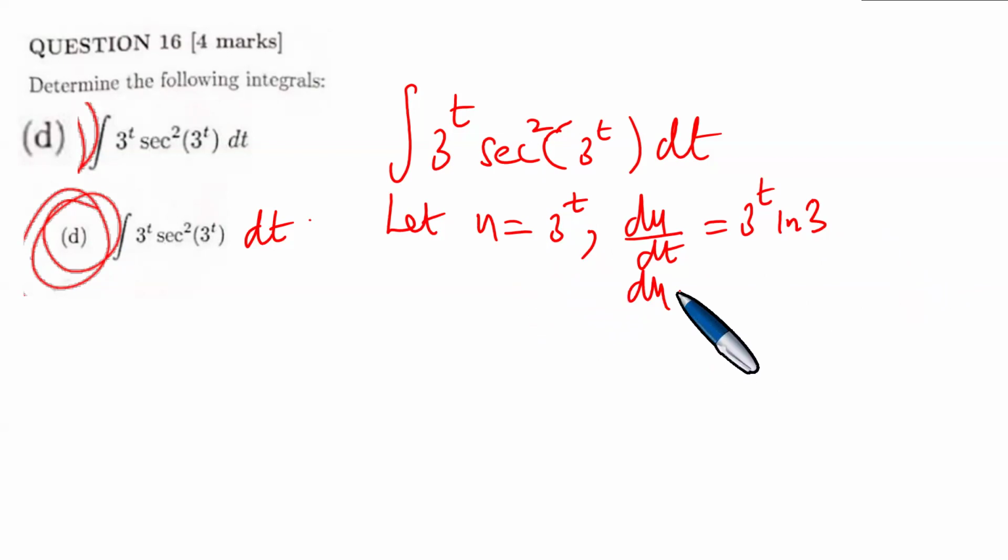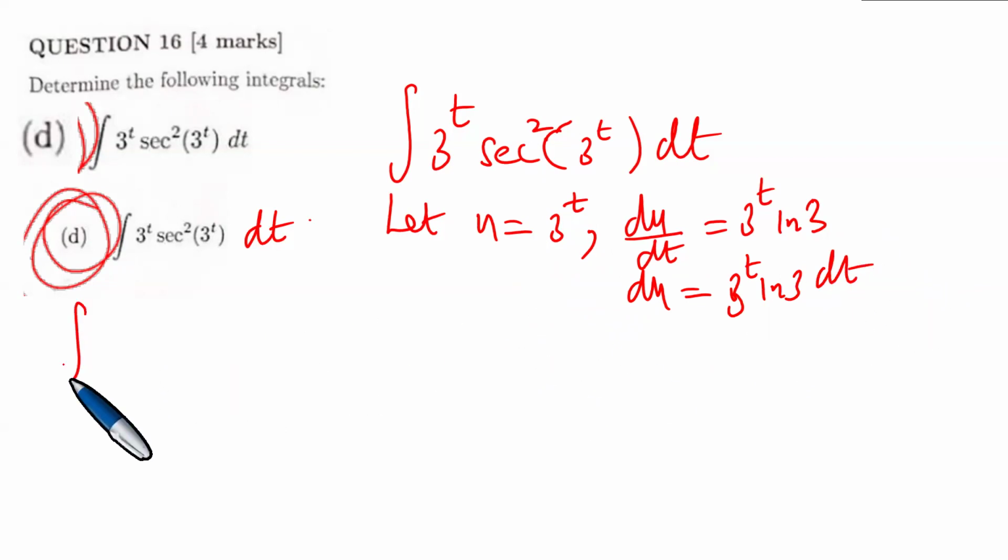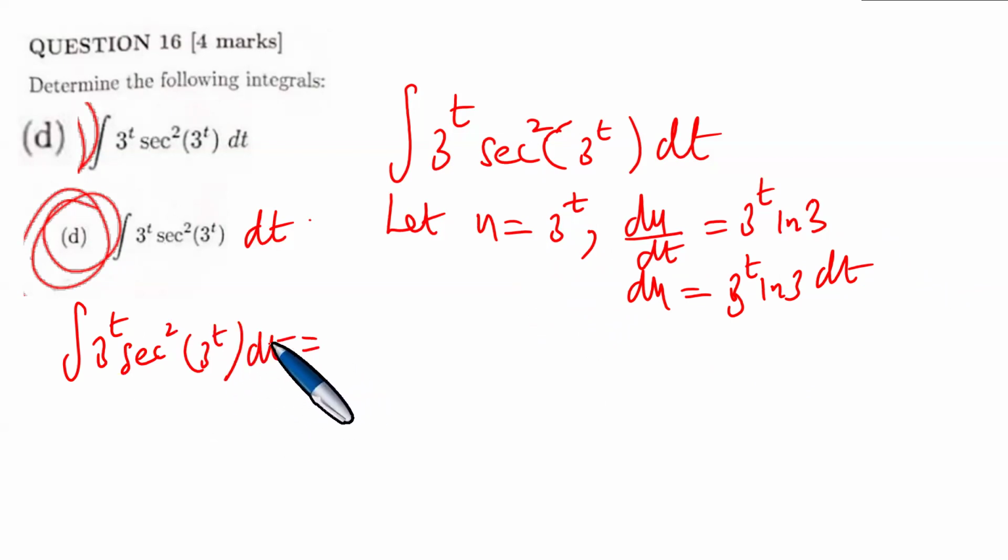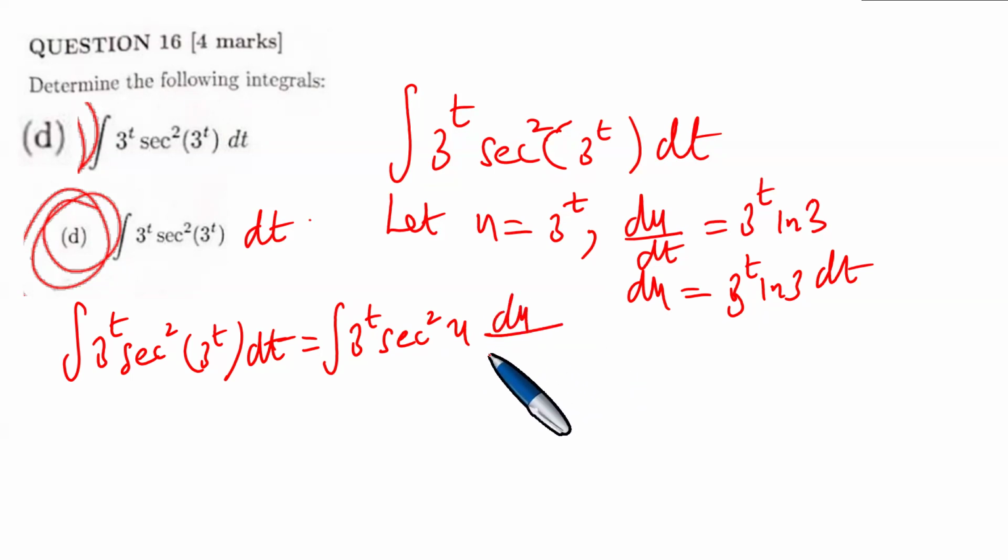And then at this point, we have du, which is 3 to the power t ln 3 dt, meaning the integral of 3 to the power t sec squared of 3 to the power t dt, which is now dt equal to du divided by 3 to the t ln 3.